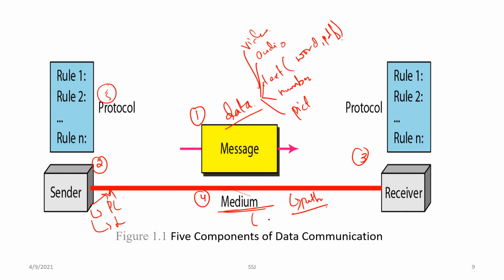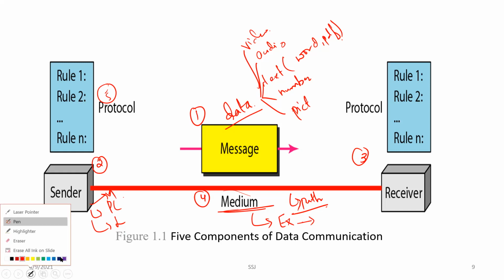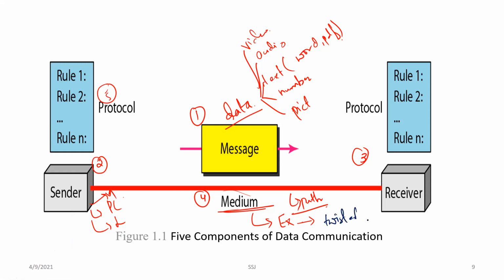Examples of the transmission medium can be twisted pair wires, that is wired transmission. Then we have fiber optics, and also it can be radio waves. Radio waves are your wireless mode of transmission, and it can also be a cable.